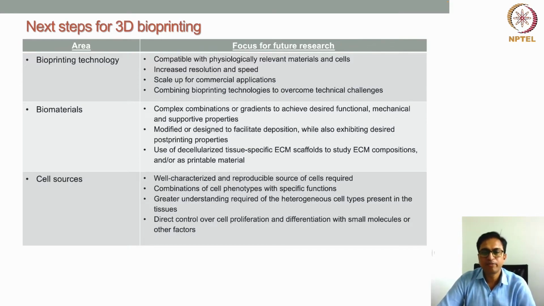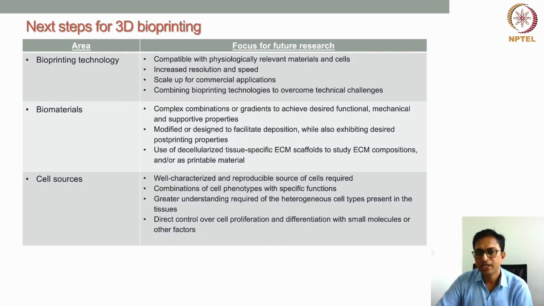Then there is the scale up for commercial application. In many of the lectures I have stressed how scaling up is a major limitation for organ printing. So how can we increase the scale of bioprinting, make the process faster, or print sizable functional tissues and organs, like a liver, that kind of big structure?